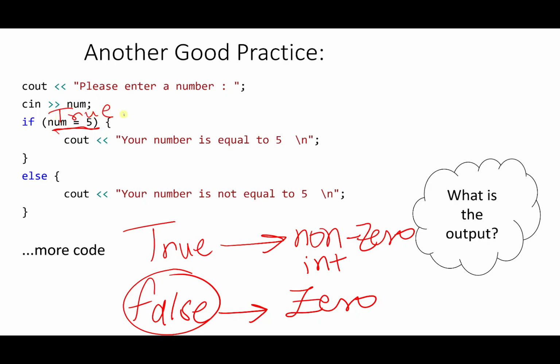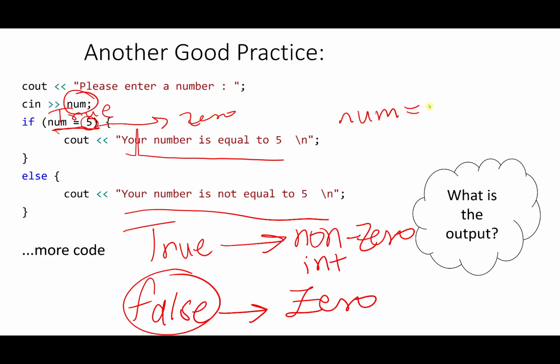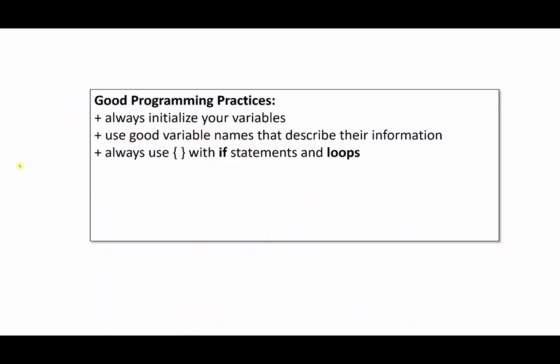So you'd say your number is equal to 5. Now, regardless of this input, this is not going to be executed unless you change this 5 with a 0. So if num equals 0, then this is always going to be executed.